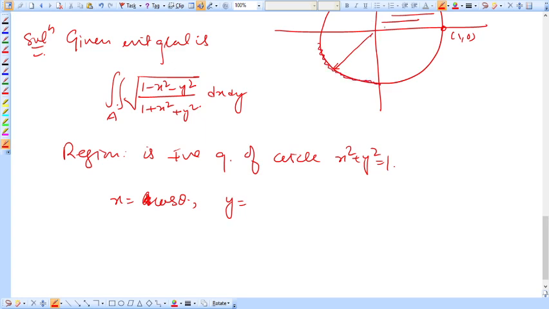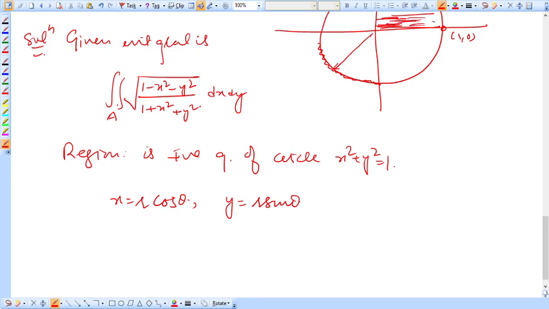But we also have to consider the region inside this boundary, that's why we need to write the r also: x is equal to r cos theta and y is equal to r sin theta, because we also have to consider points where r is not equal to 1.